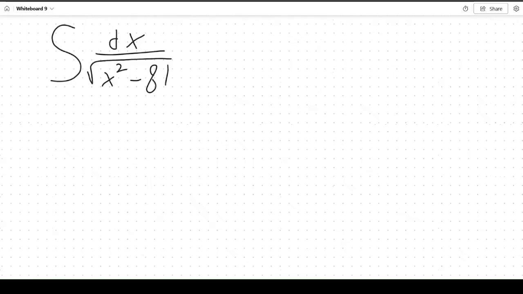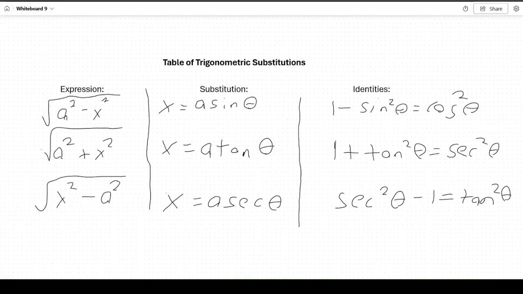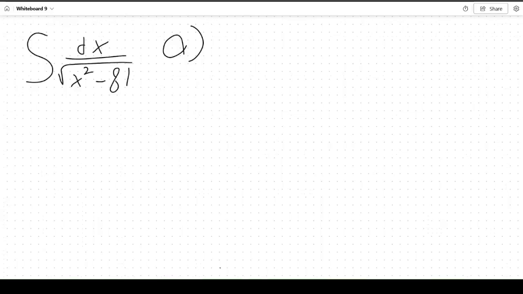Now let's take a look at this problem. So right off the bat, we can see that the square root of x squared minus 81 is going to be the key for this problem. So let's look back at our trigonometric substitution. Here we have our trigonometric substitution for reference, and you can see that it's going to be this expression, the square root of x squared minus a squared, and our substitution is going to be x equals a secant theta. So let me put the expression.